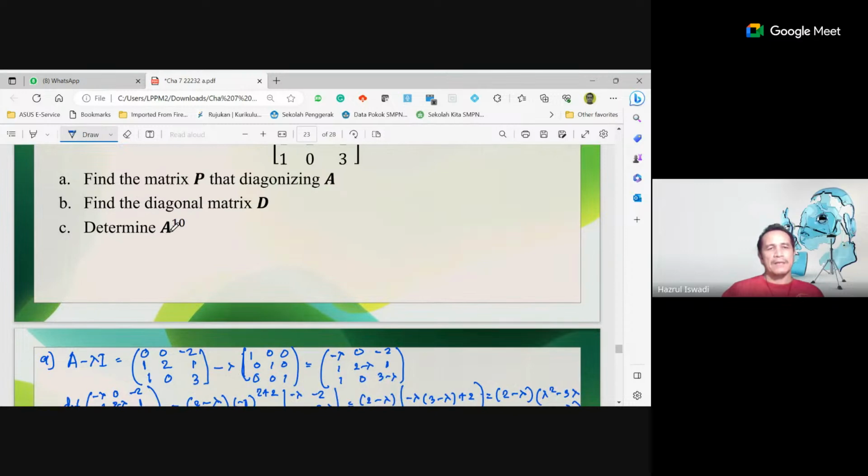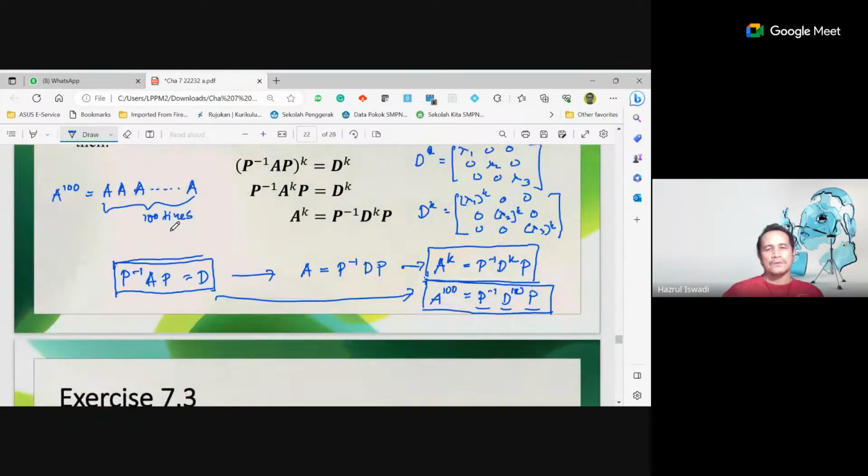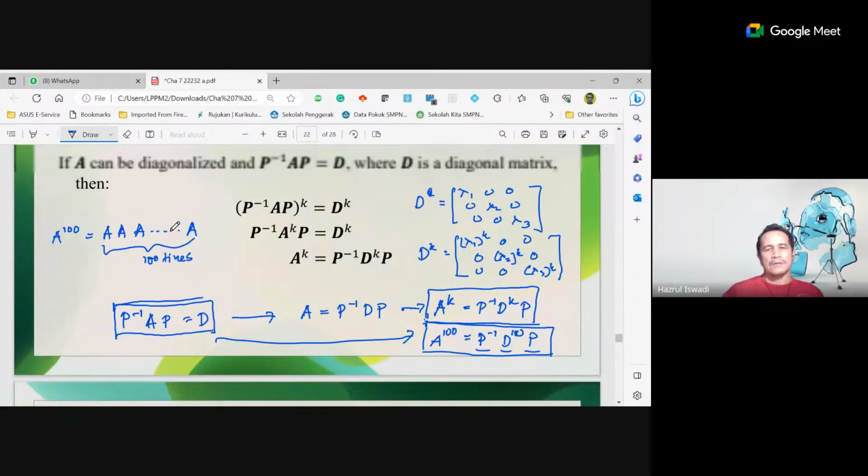So now determine the power of A. Sorry, something is wrong here. I made a mistake in the formula.